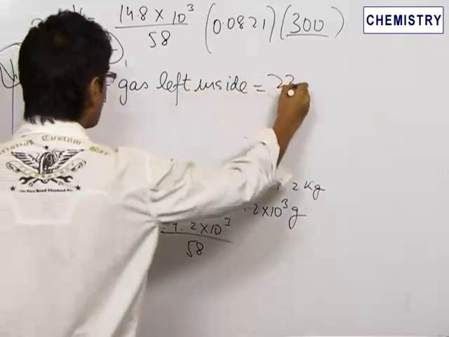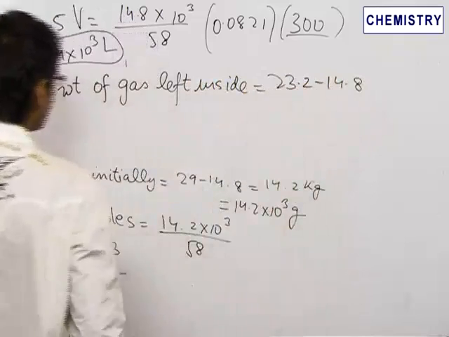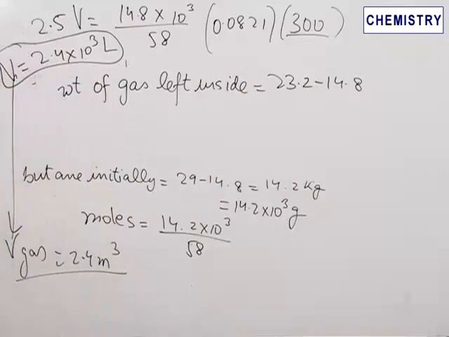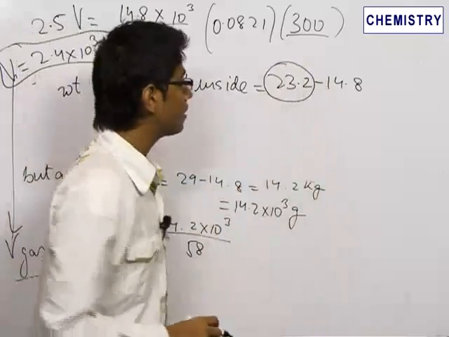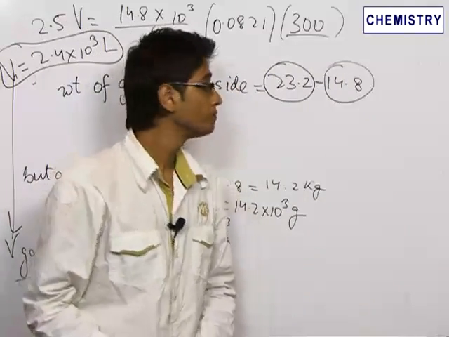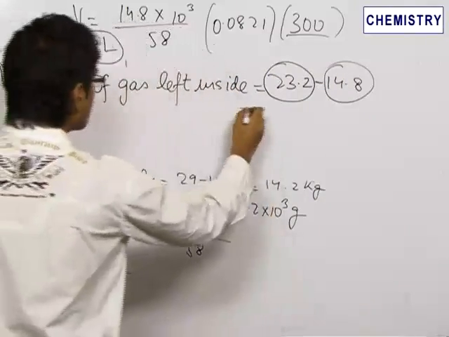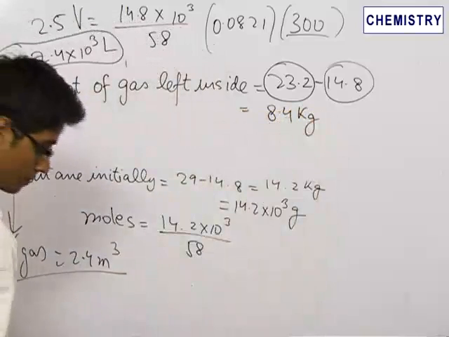This can be calculated by using 23.2 minus 14.8, because 23.2 was the weight of the cylinder after usage and 14.8 is the weight of the empty cylinder. So this comes out to be equal to 8.4 kilograms.